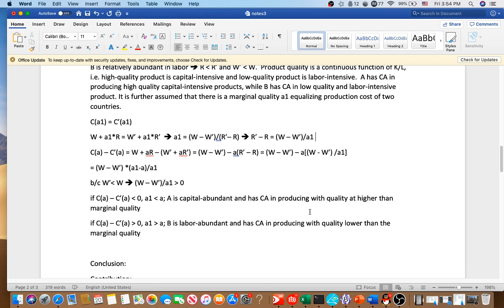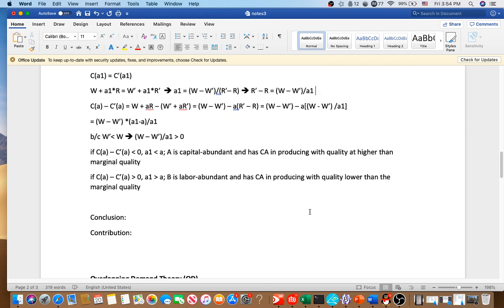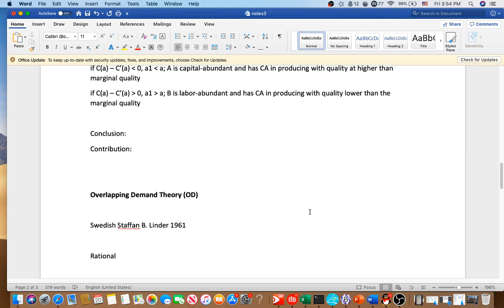In a similar industry, the production of different products requires a different stock ratio of factors, and people's demand for the same or similar products is different.